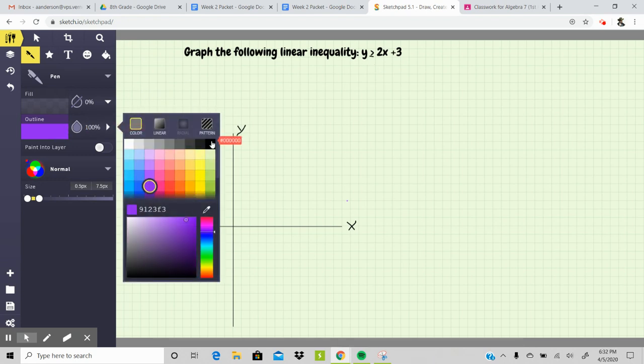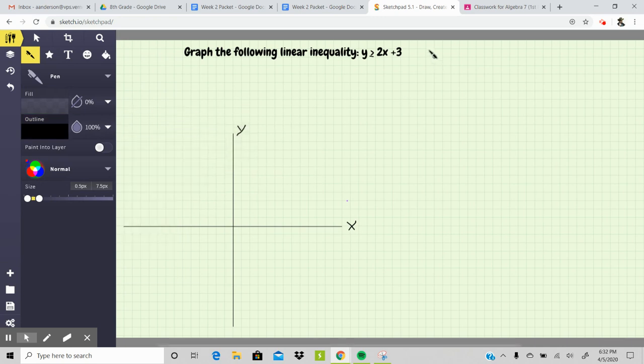I have y is greater than 2x plus 3, or y is equal to 2x plus 3. Sorry for that not being so neat.